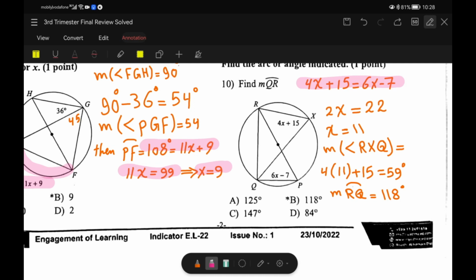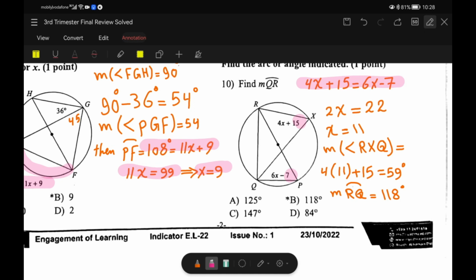Now that you found x equals 11, choose one of these two angles and substitute. Both of them will give us the same answer. You can take that angle or that angle. Anyway, let's take the angle down here, which is RBQ.